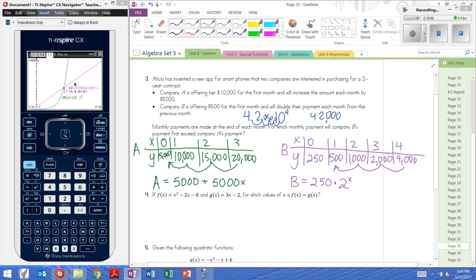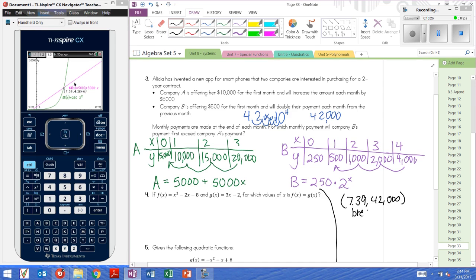Yep. Okay, so that's telling me that it says for which monthly payment will company B's payment first exceed company A's payment. I'm going to bring this down here. I'm running out of space. So we know that the break-even point would be at month 7.3, 42,000. So what month?